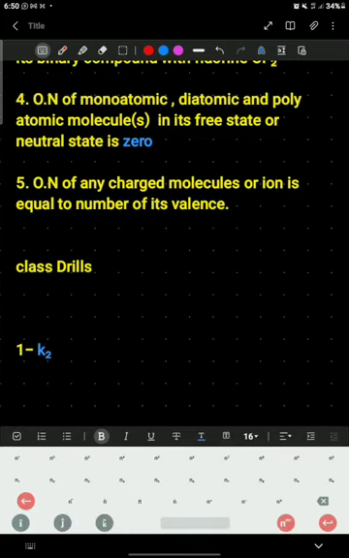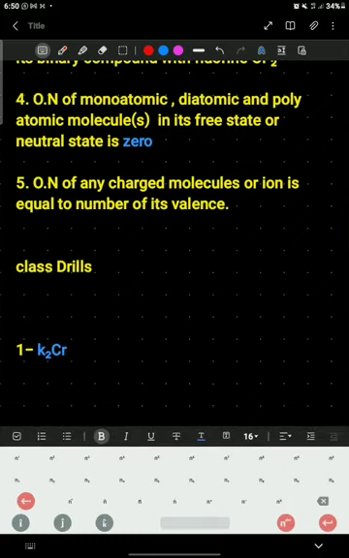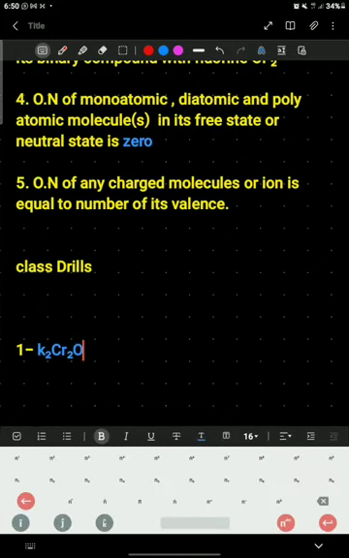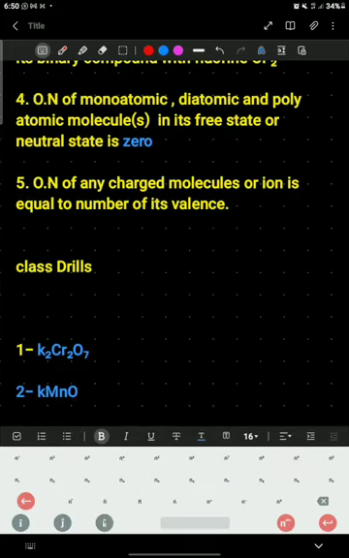So let's say we have K2Cr2O7. Number 2. Oxidation number in KMnO4.